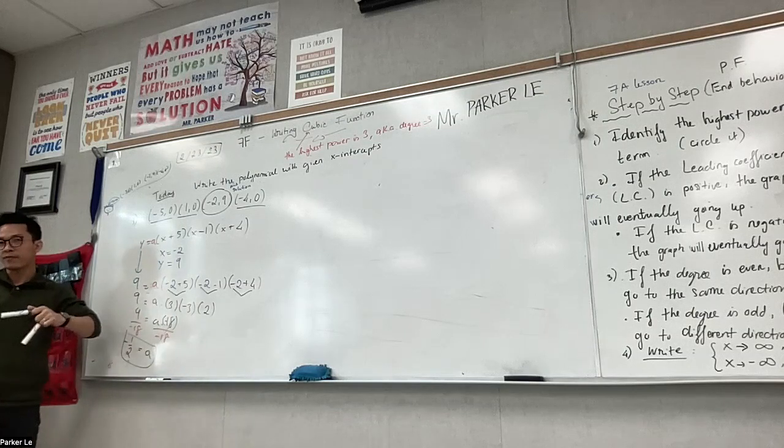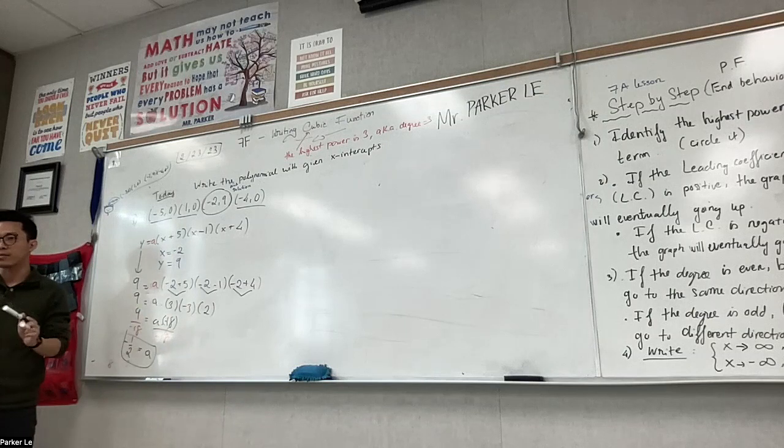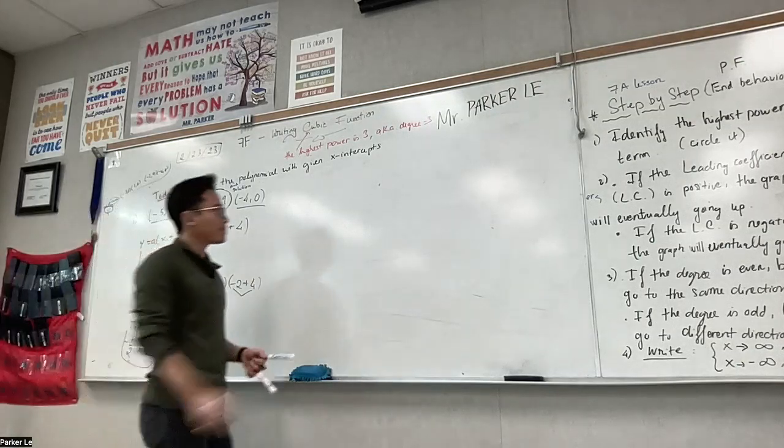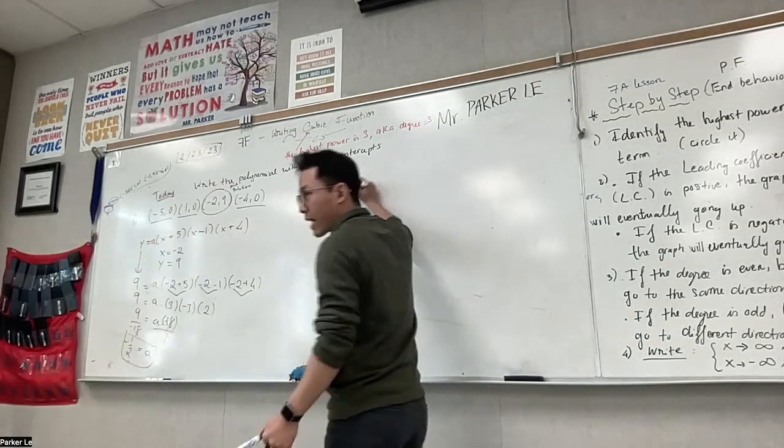From now on, as I said before, don't use the decimal. Decimal is not accurate. Don't put 0.5. Keep the fraction, because decimal is not accurate.